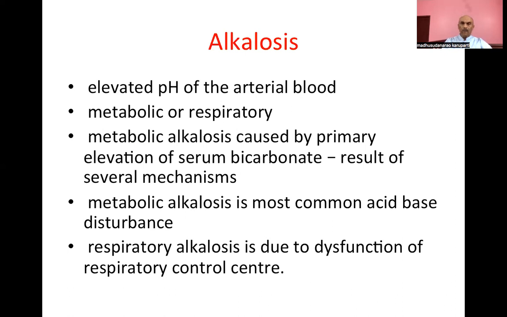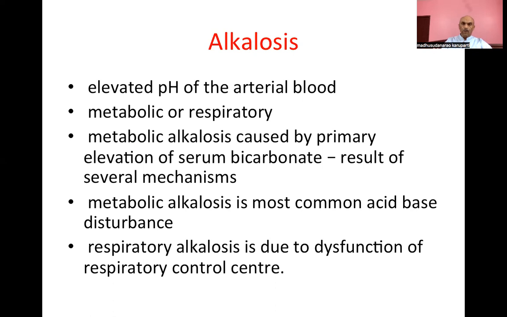Alkalosis. What is alkalosis? Alkalosis is elevated pH of the arterial blood. It could be metabolic or respiratory. Metabolic alkalosis is primarily due to elevation of serum bicarbonate. It's the result of several mechanisms which we are going to touch in the course of time.